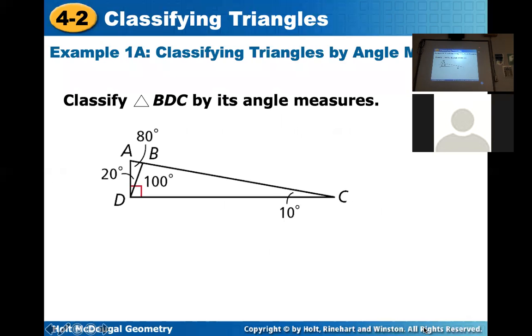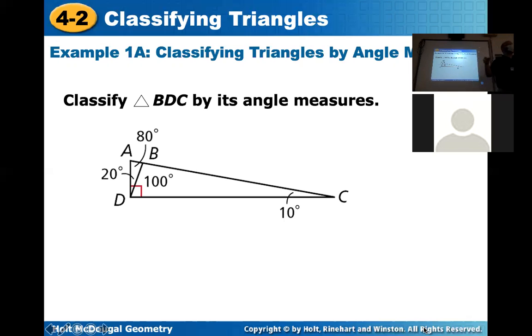Okay. Now we're going to use what we know about these triangles to classify them. So the first triangle we're going to look at is BDC. It's this goofy looking one here. This one's 10 degrees, this angle. This angle is less than 90, correct? This angle's 90. So if we're talking about BD, that angle, BDC, that's less than 90.